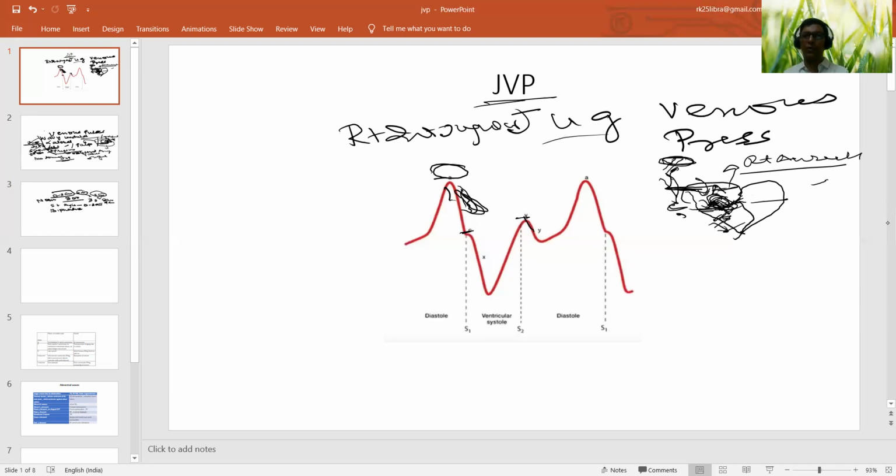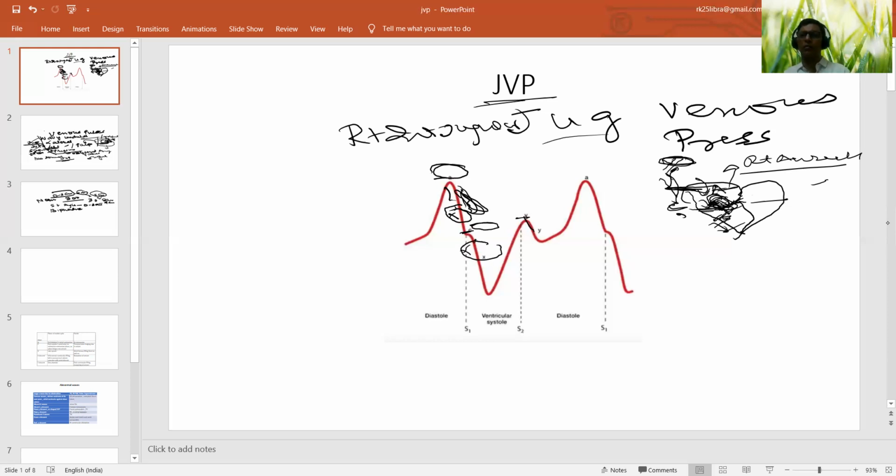People at places call it X bar and X, or let me say X and X bar. So this is basically relaxing, then bulging, and then again relaxation.